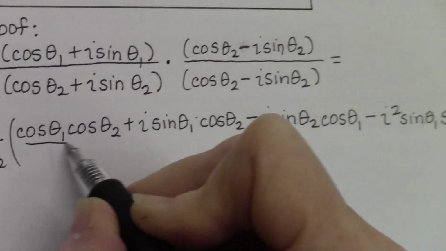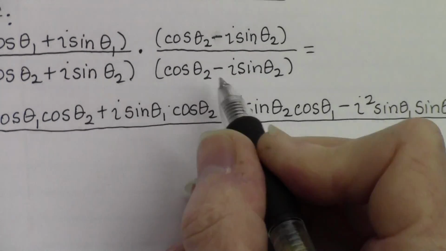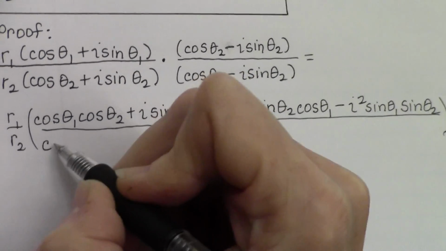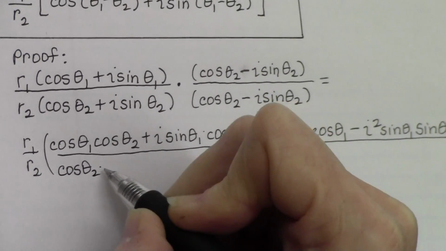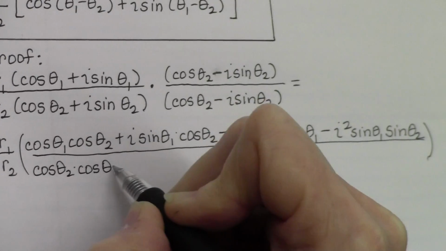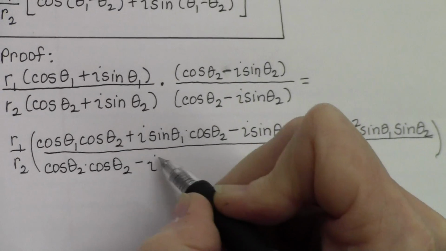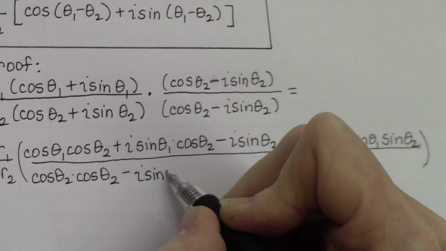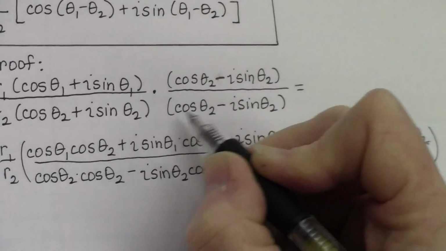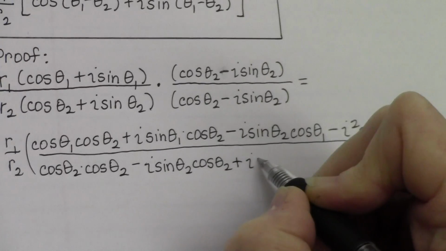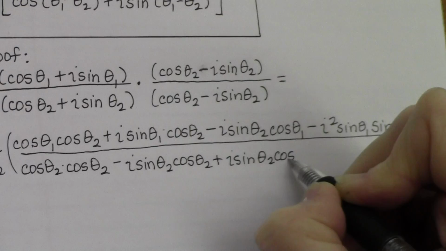And now I'm ready to do the denominator. So the denominator, we're going to FOIL again. It's cosine of theta sub 2 times cosine of theta sub 2. That's first times first. Then the outer, negative i sine theta sub 2 cosine theta sub 2. And the inner, positive i sine theta sub 2 cosine theta sub 2.